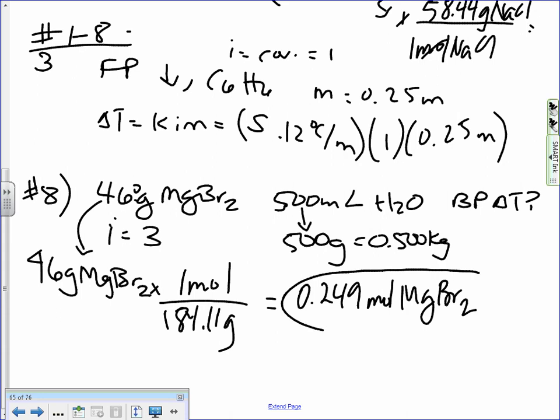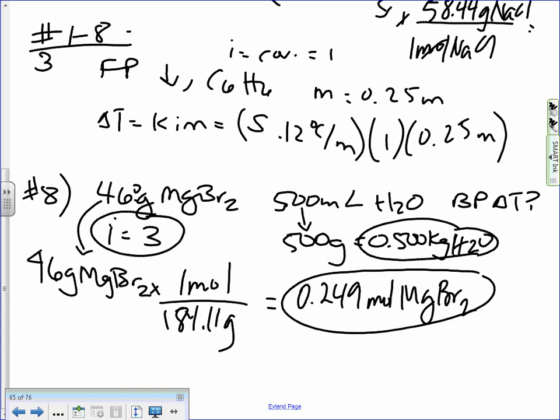So this is our moles, there's our kilograms of water, and there's our I factor. What else do we need to find the boiling point elevation change? K of what? Magnesium bromide or water? Water, because it's the solvent.